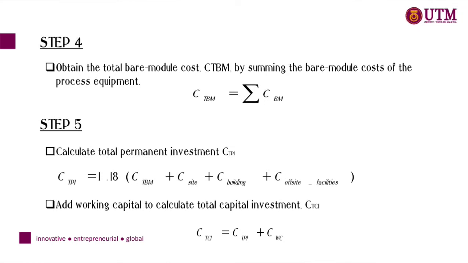So the C site, C building, and C offsite facilities have been discussed in methods 1 and 2. Then we add working capital to calculate the total capital investment, CTCI, and CTCI is equal to CTPI plus CWC. So that's all from me. Thank you.